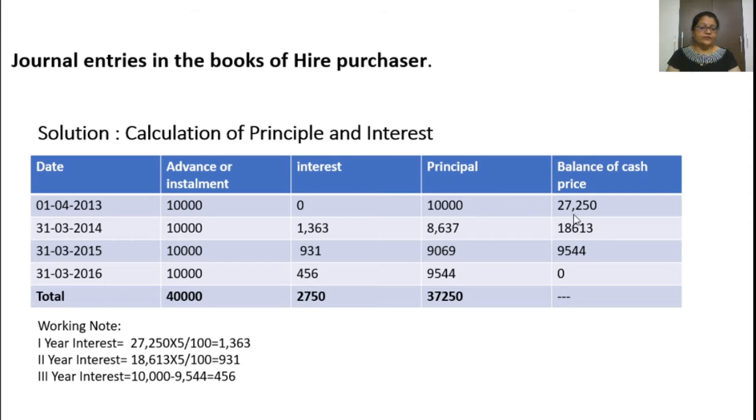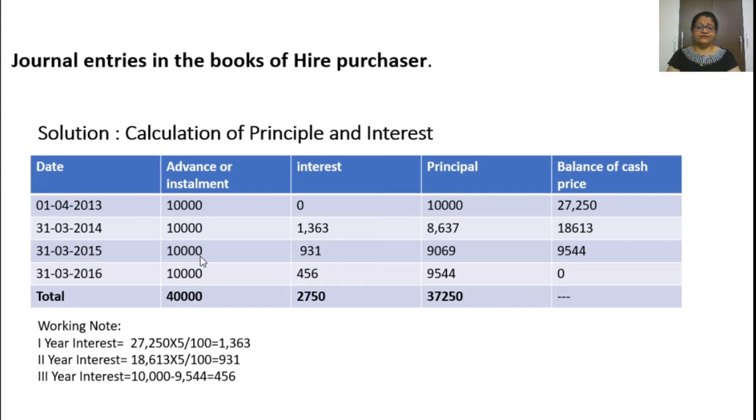So from this 27,250 deduct 8,637. It is 18,613. This balance is again used for the next year's interest calculation. Here 18,613 into 5% is 931, the interest for the second year.